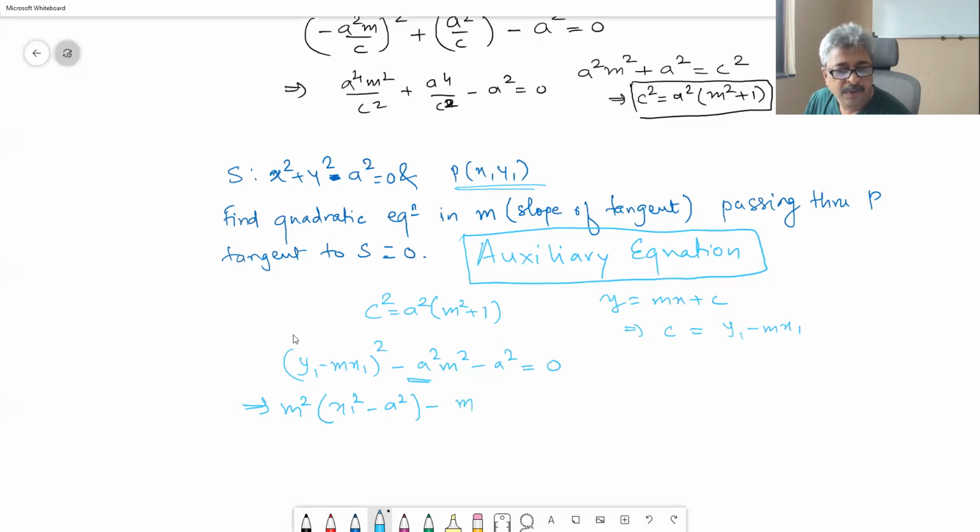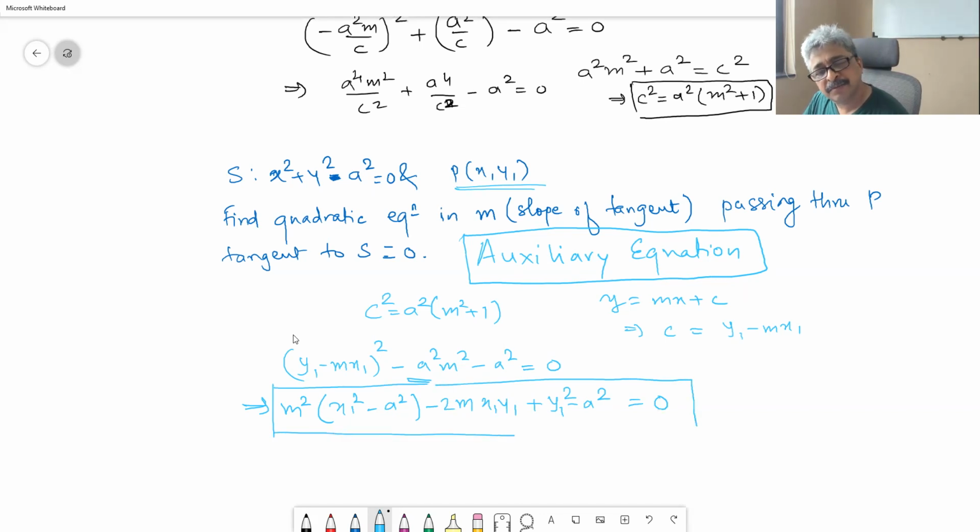It will be 2x1 y1, so 2m x1 y1, and then the constant term that will be y1 square is positive minus a square is negative, which is equal to 0. So this is the auxiliary equation for finding out slope of tangent. Clear?